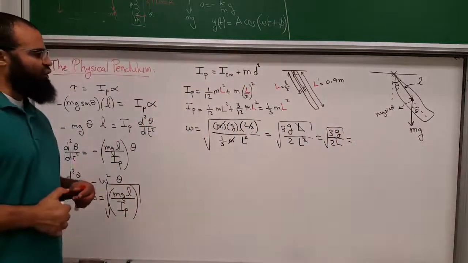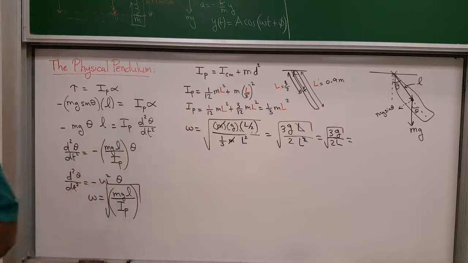And L is 0.9, and you plug that in. Okay. So I have 3 times 9.8 over 2, and then divided by L, which is 0.9, and we need to take the square root of all that stuff, and I get omega is 4.04.